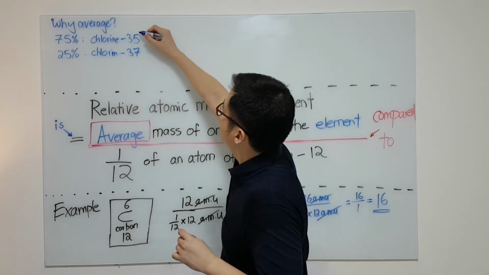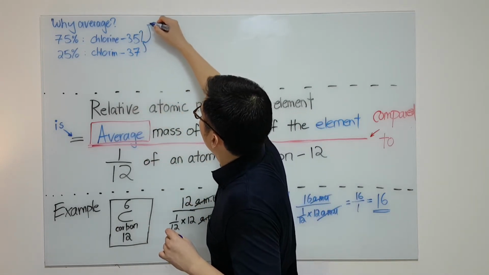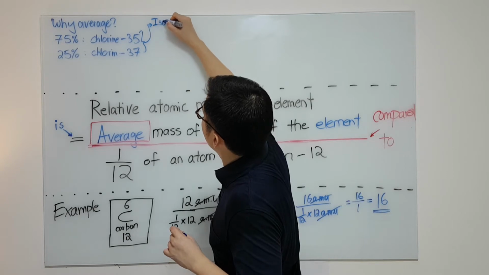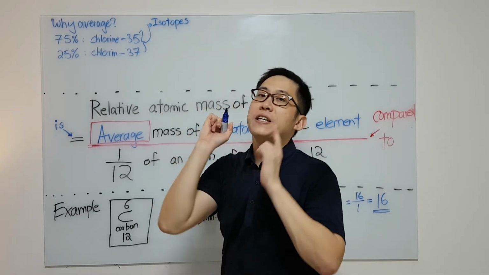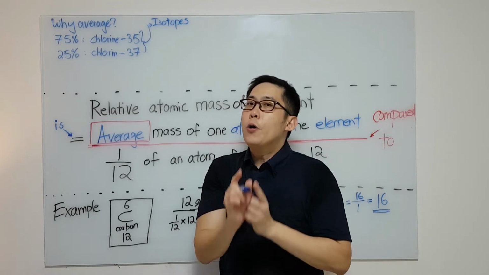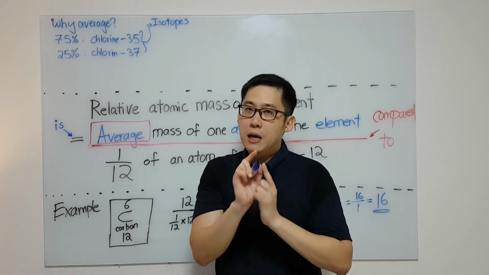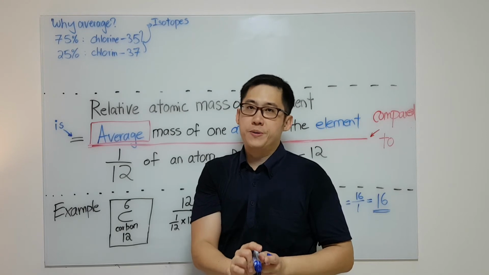If you recall, these are isotopes. Isotopes are atoms of the same element with different numbers of neutrons.